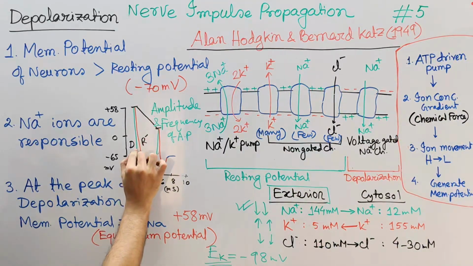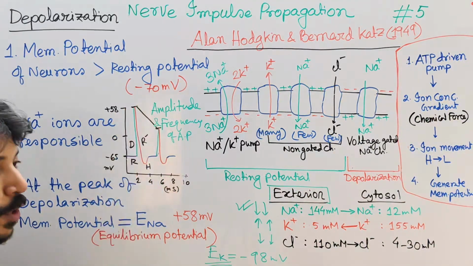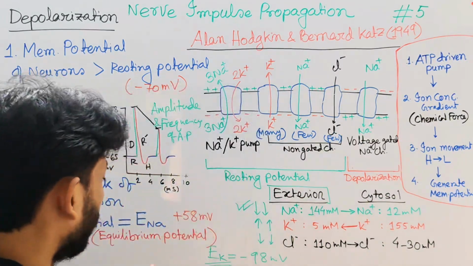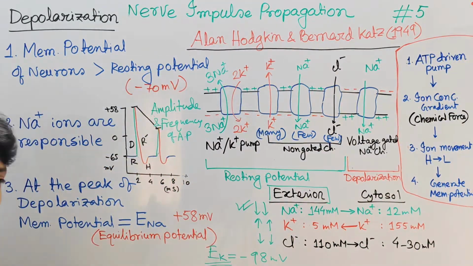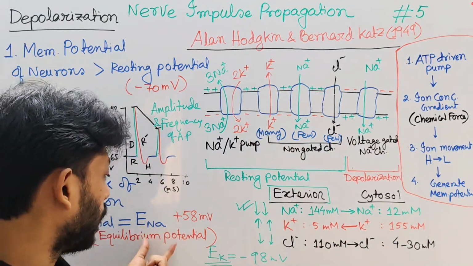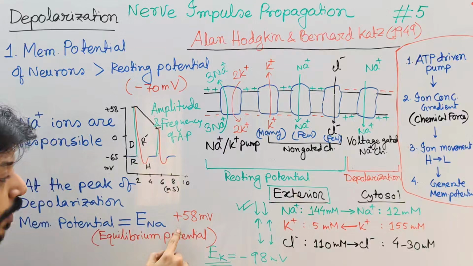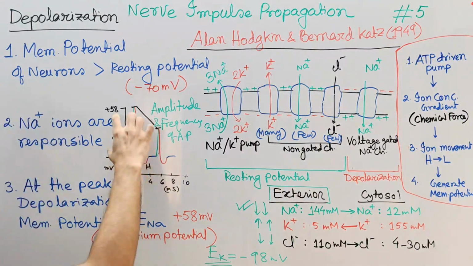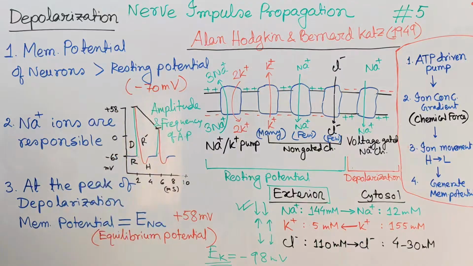So the depolarization can move up to the point where no further movement of sodium occurs. That is the equilibrium potential. By the Nernst equation, we can derive the value of the equilibrium potential for sodium, and we got a value of approximately plus 15 millivolt, and scientists observed that the peak value or amplitude of the action potential is also plus 15 millivolt.